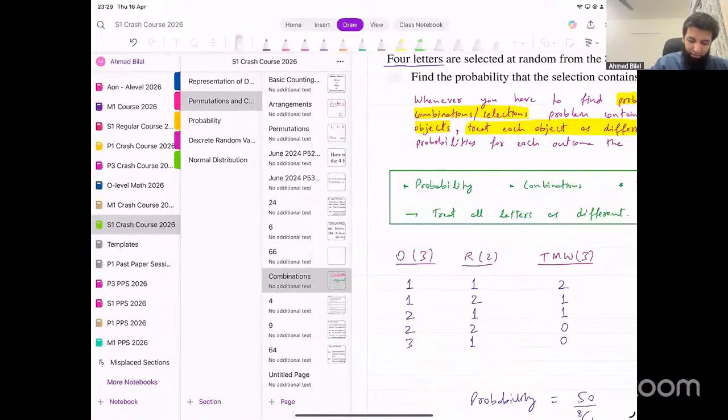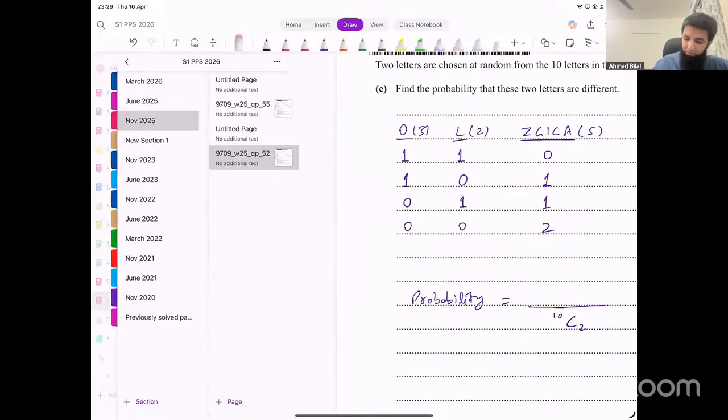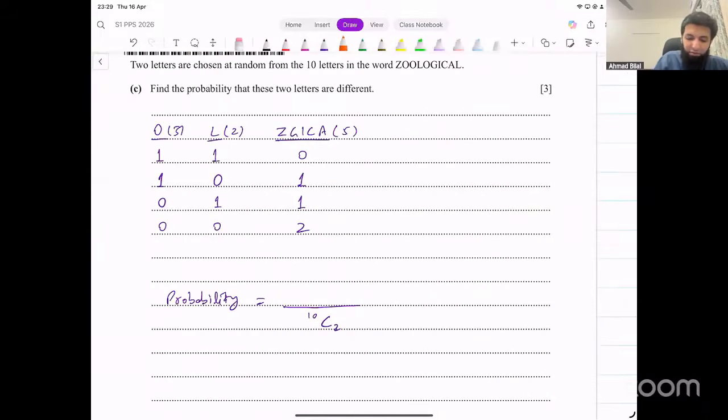Now, let's go back there. So we will have to select from the 3 O's and the 2 L's and these letters as well. The first case, what does that become? 3C1 into 2C1 into 5C0. The second case, 3C1 into 2C0 into 5C1. 3C0 into 2C1 into 5C1.